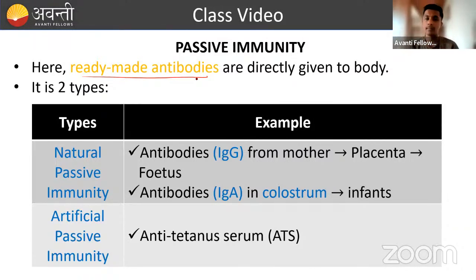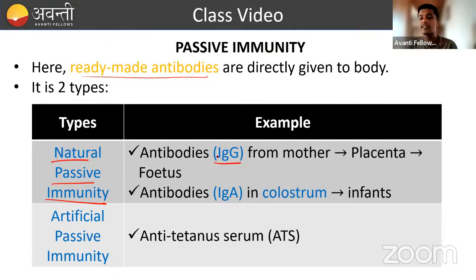How does it happen? So the mother, while she gives the milk, we are talking about natural ways of gaining passive immunity. Under that, when the mother gives milk to the baby, the milk of a mother contains IgG antibodies.